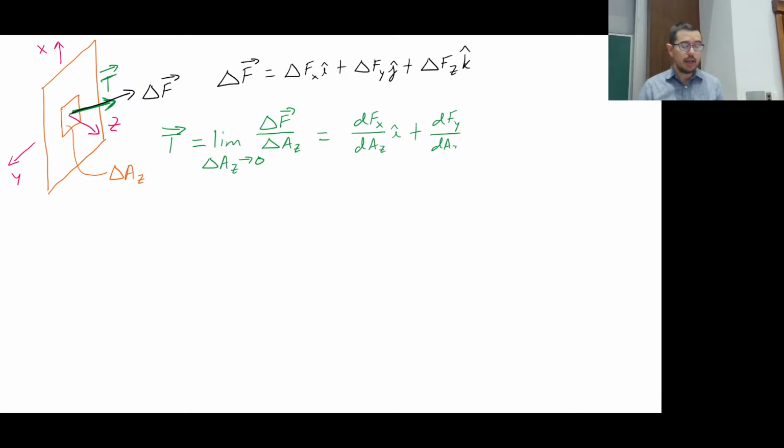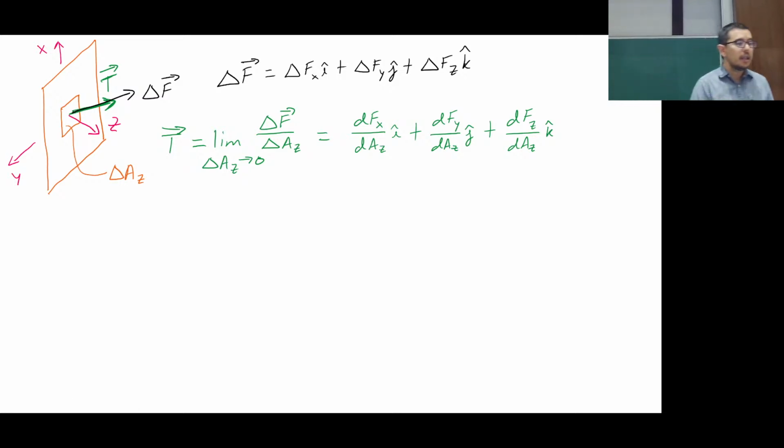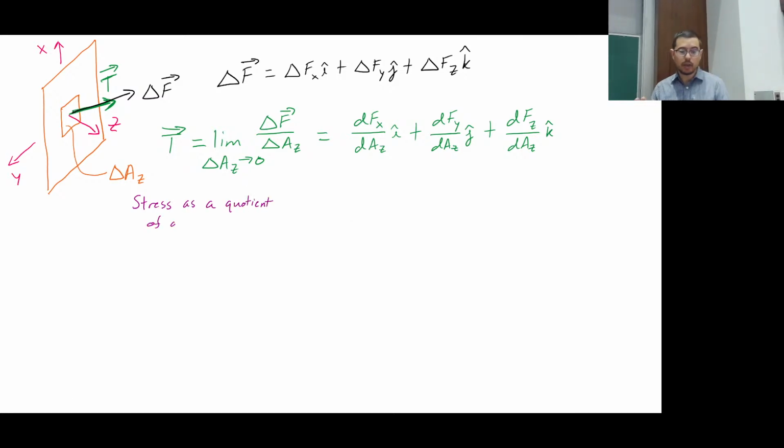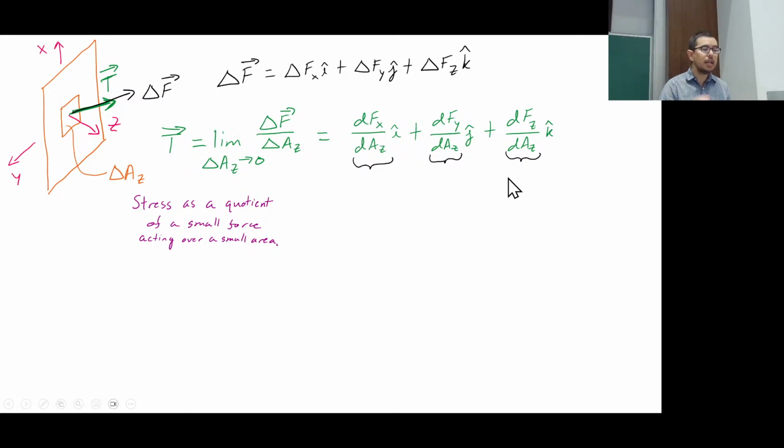Here we have the traction vector, and now let's break it down into the i, j, and k directions, so the x, y, z directions. The stress is this quotient of a small force acting over an area, and these components in the i, j, k direction are stresses.